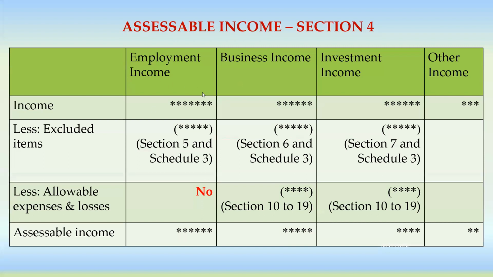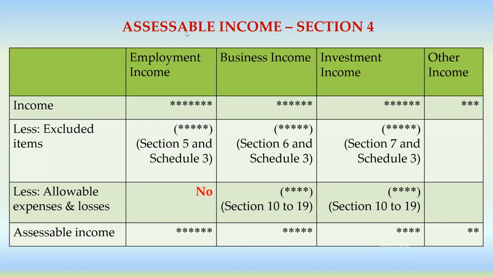Here I explained about this income part, then I explained about the excluded items and the exempt amounts, then the allowable expenses or losses. Now we are in this part, so we are going to calculate assessable income after deducting these expenses from the income.